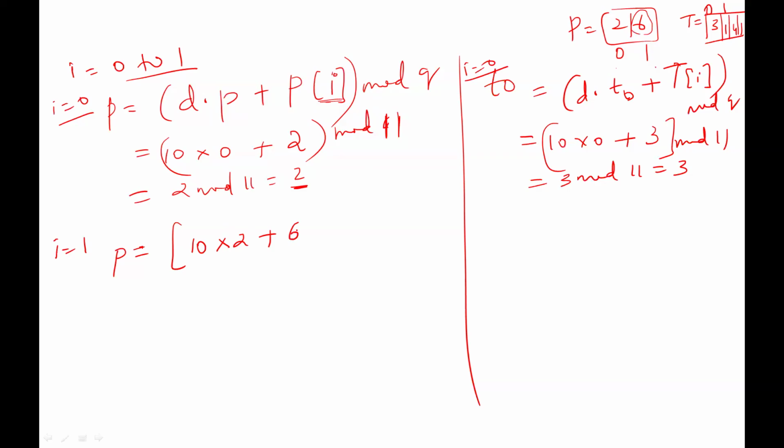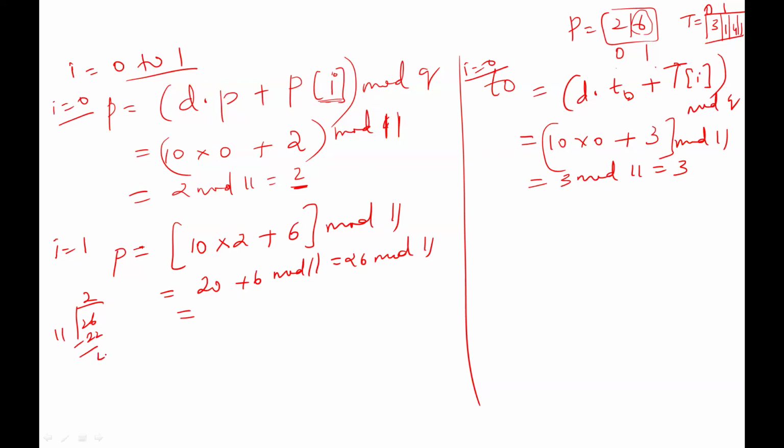So we have plus 6 mod 11. That is nothing but 20 plus 6 mod 11, which is nothing but 26 mod 11. What is 26 mod 11? You can see 3 elevens are 33, 2 elevens are 22. So it becomes 4. So 4 is that.